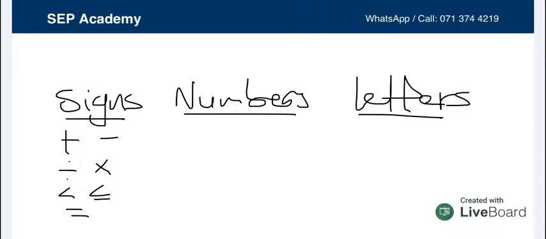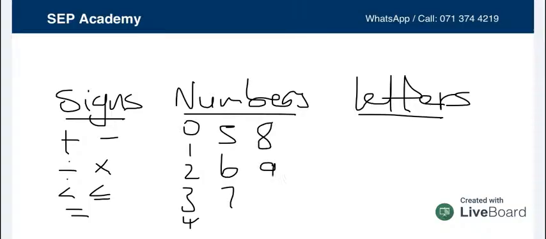And in terms of the numbers, we have just 10 numbers starting from 0, 1, 2, 3, 4, 5, 6, 7, 8, and the last one being 9. So any number that you can think of, it's a combination of those 10 numbers. An example would be 150. 150 will be the combination of 1, 5, and 0.